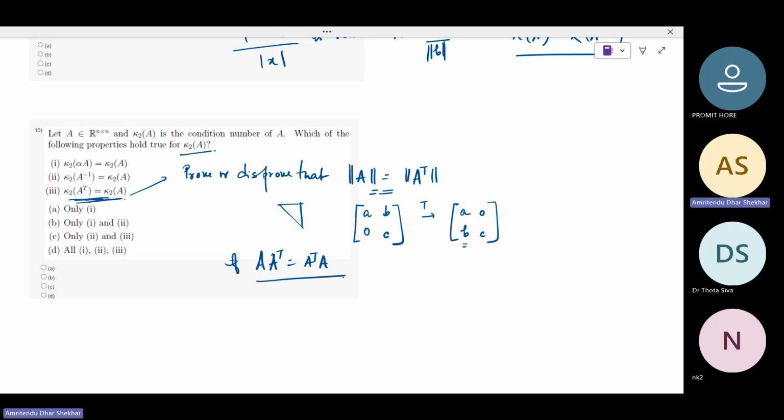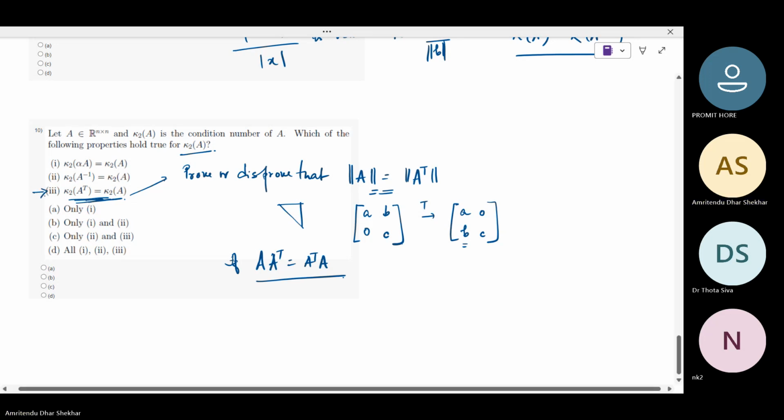So for those classes of maps, I think the two norms would be equal. But for general classes of maps, this statement is not true. You should be able to construct easy counter examples to verify that this is not true. You can take this A, B, 0, C itself and show that.